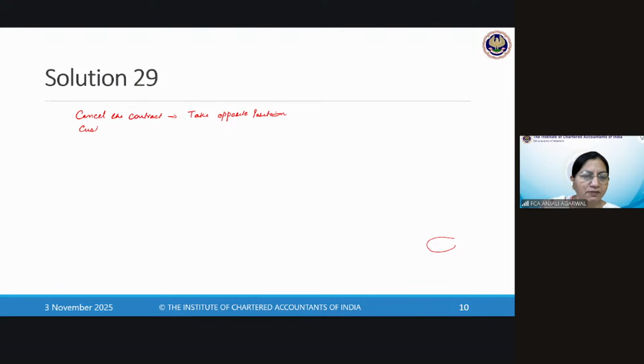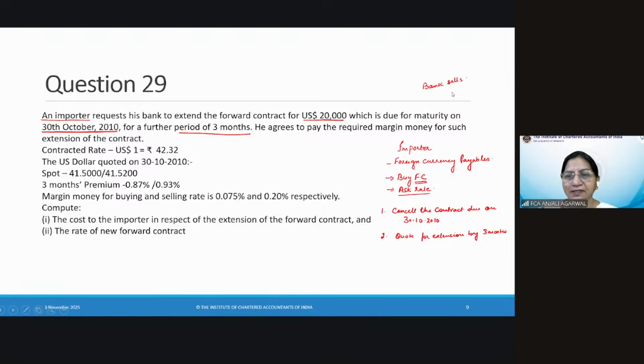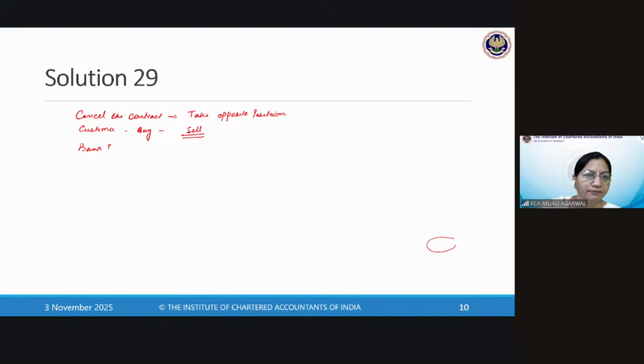Customer was asked, wanted to buy, now he'll have to sell. Bank, we were saying, bank sells. So from the bank's perspective, bank sells, now bank will buy.